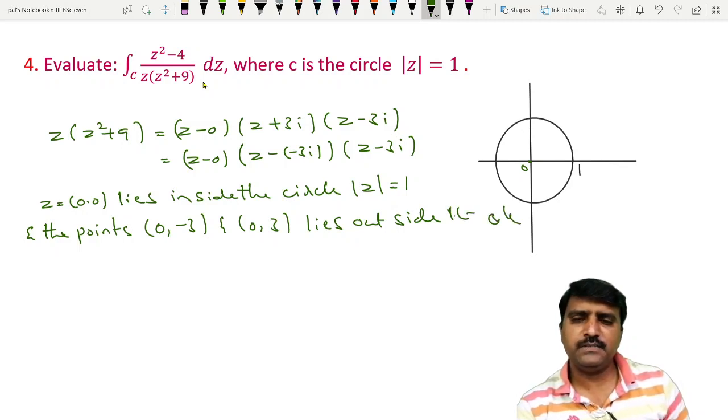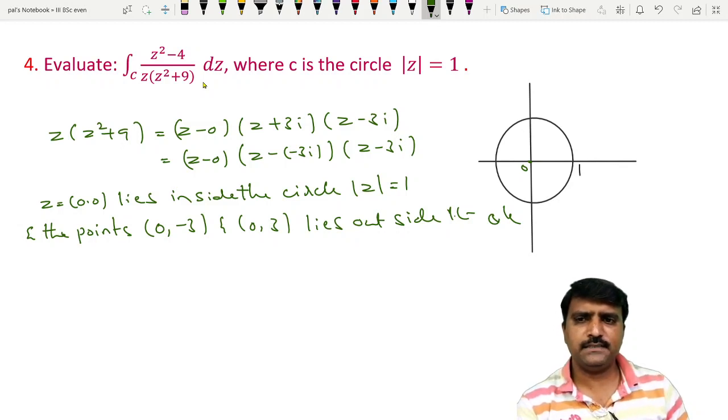So here the possibility is you can write this as z into z plus 3i into z minus 3i, and resolve into partial fractions. After that, we have to use the Cauchy's integral formula for the z factor, and for z plus 3i and z minus 3i we have to use the Cauchy's integral theorem, which gives 0 directly. Instead of doing all those steps, we can easily avoid them.